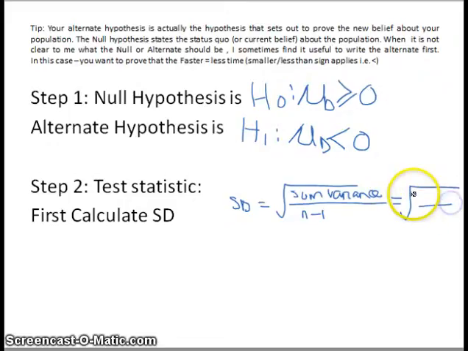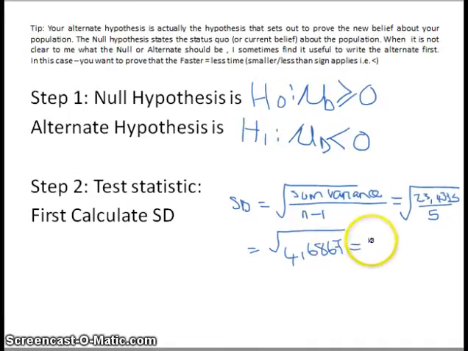So this would be 23.4333 over 5, and that gave me an answer of 4.6867.